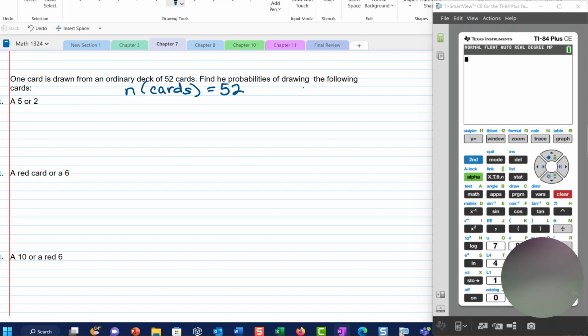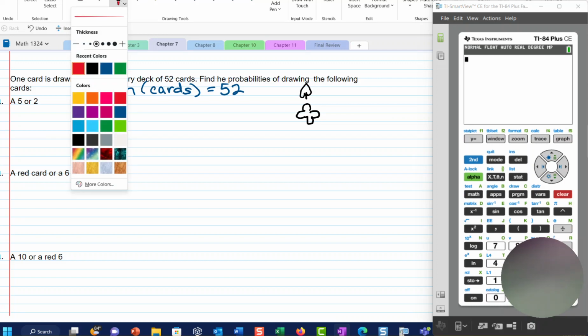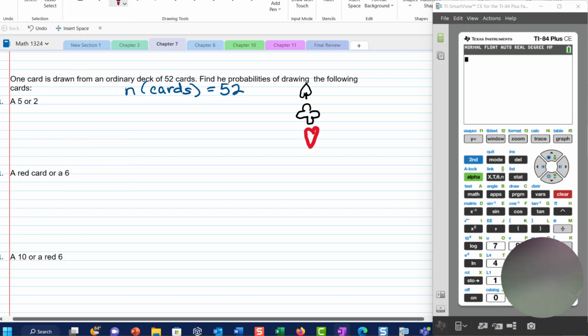We have ace. Black: spades, clubs. Red: hearts and diamonds.